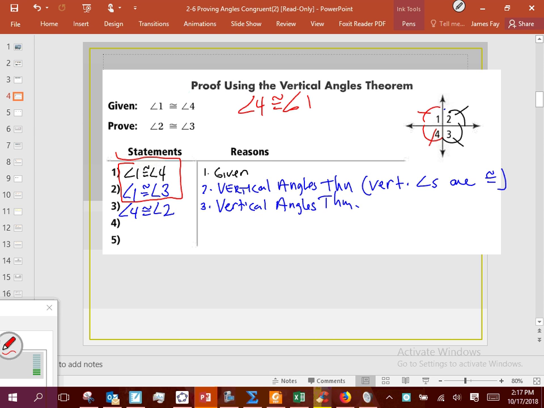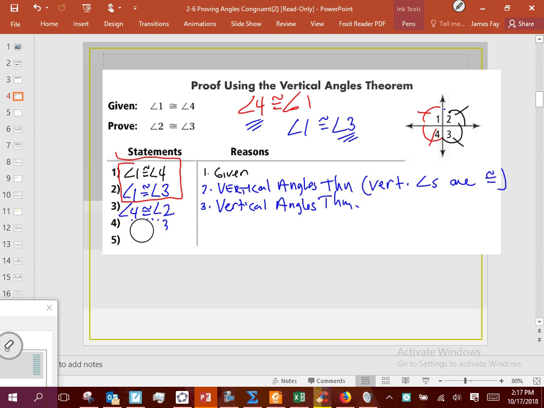Is that fair to do? And then that second one says angle 1 is congruent to angle 3. Can you see that if angle 4 is the same as angle 1, but angle 1 is the same as angle 3, what's that tell you about 4 compared to 3? Okay? Angle 4 is congruent to angle 3.